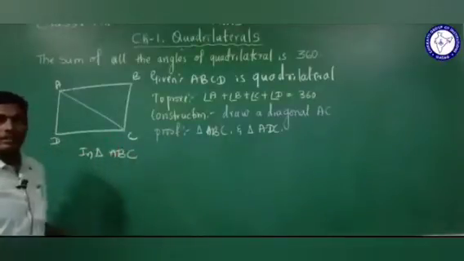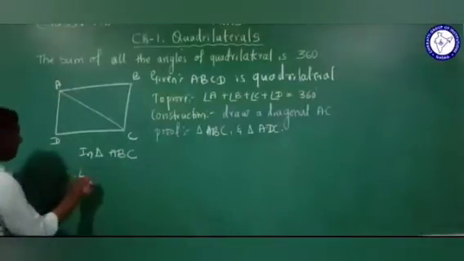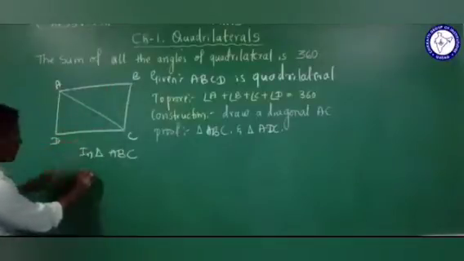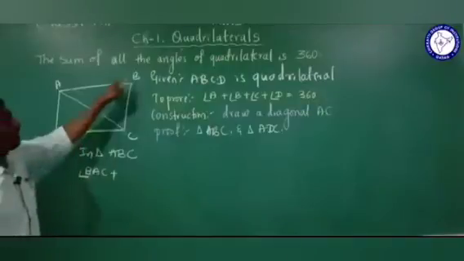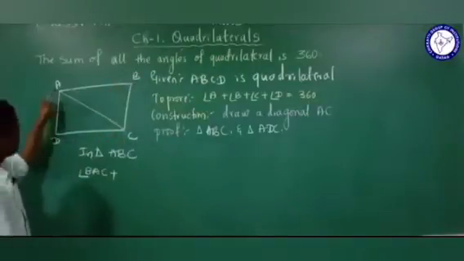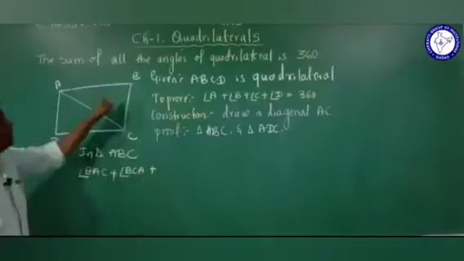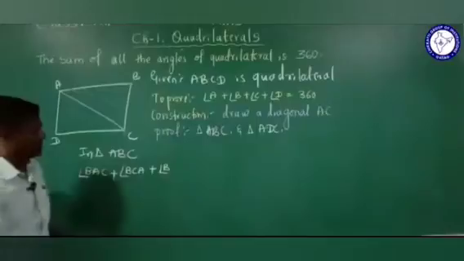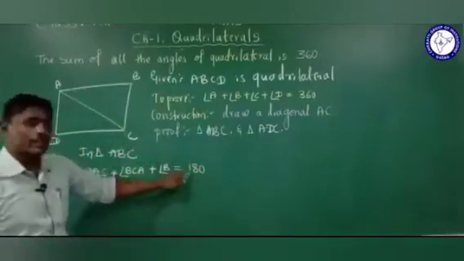in triangle ABC, write the individual angles. Angle BAC plus angle BCA plus angle B is equal to 180 degrees. Why did I write 180 degrees here?